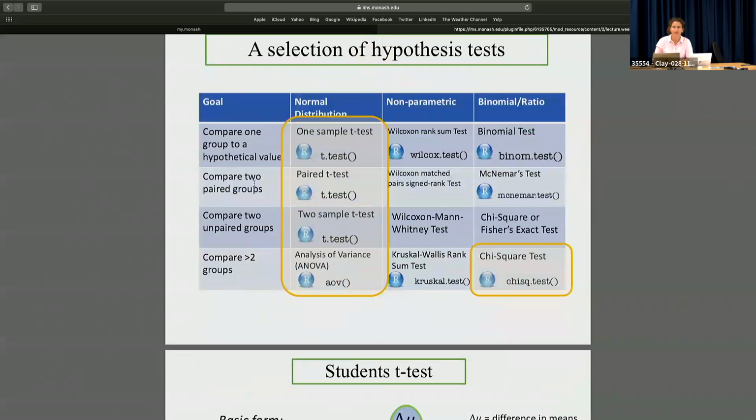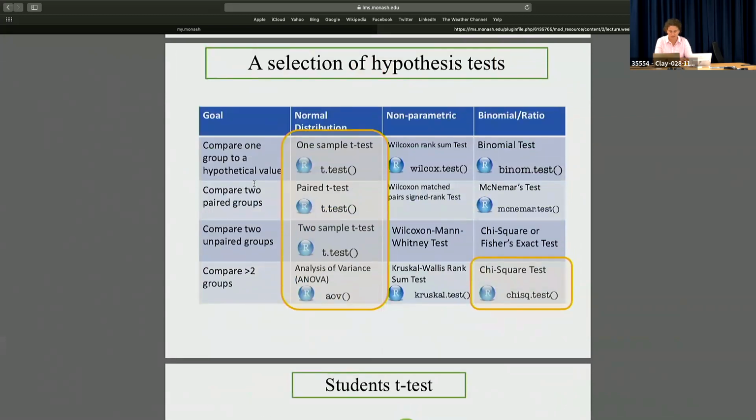We applied that philosophy in a few kinds of tests that we tried out. We spoke about one sample t-test, paired t-tests, that was comparing two populations, two sample t-tests, again two populations, but not paired. And then we spoke about comparing more than two groups, so we have analysis of variance, or what we call ANOVAs for short.